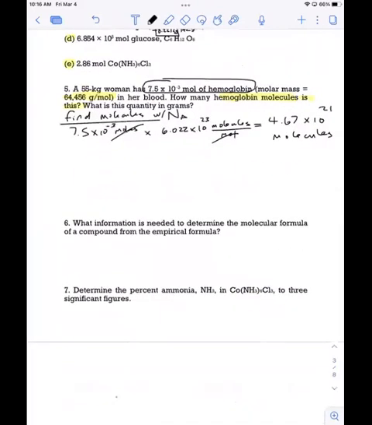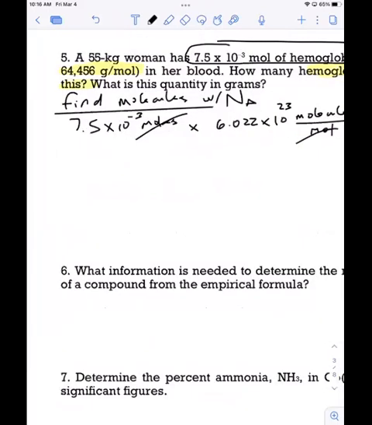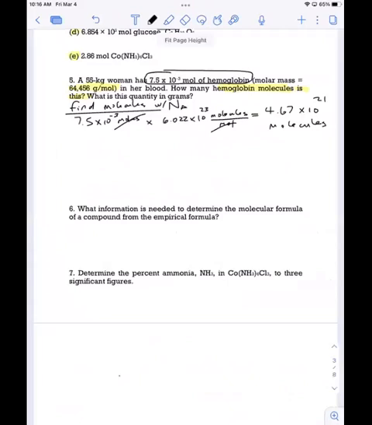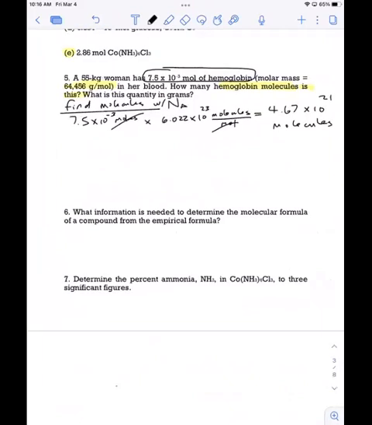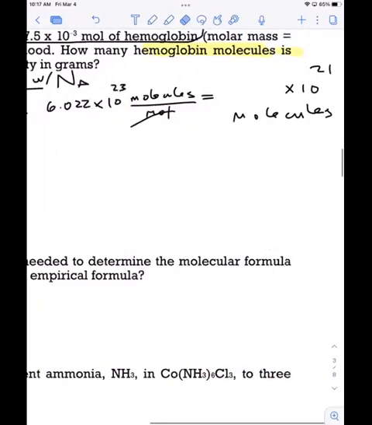Anybody else got that? I got the 10 to the 21st part, but I got 4.5. Oh, hold up, my bad. In my calculations, I used the wrong number. I used 7.75. You said you got 4.5?